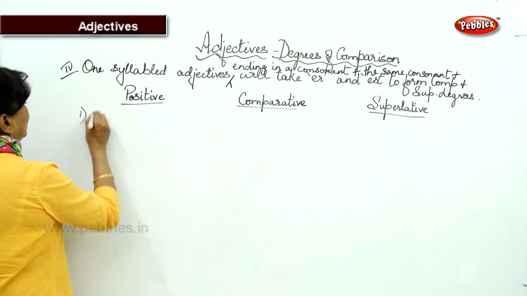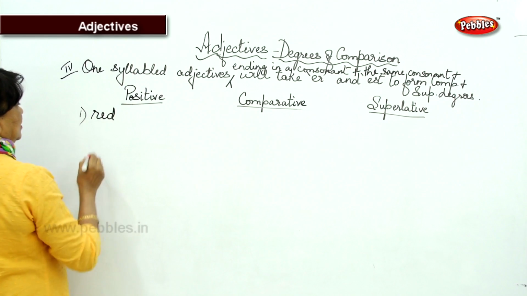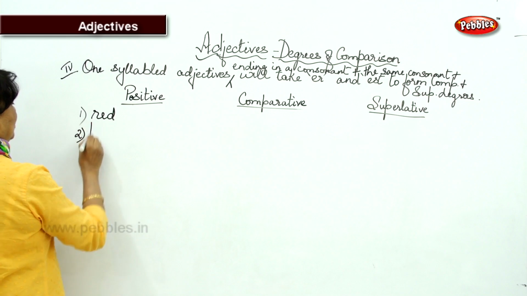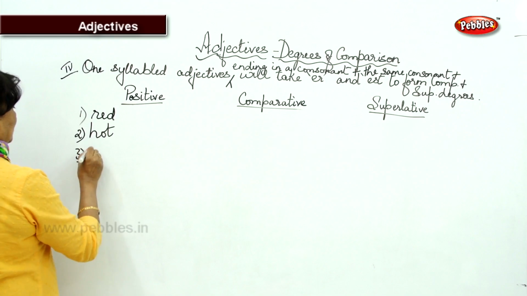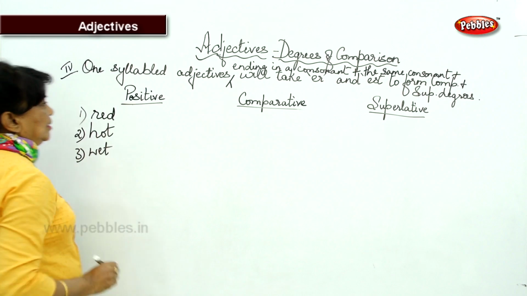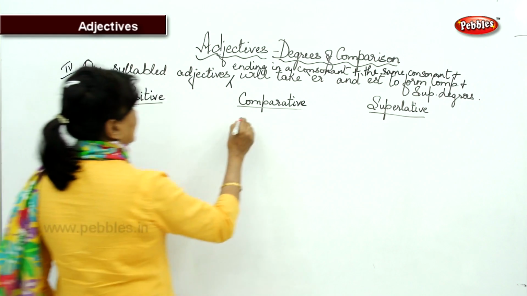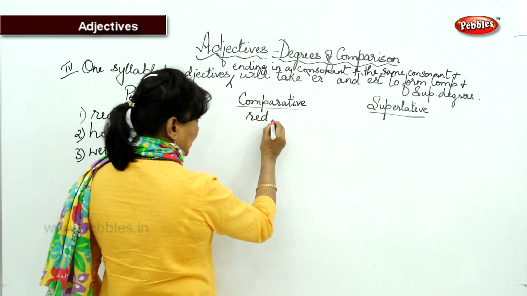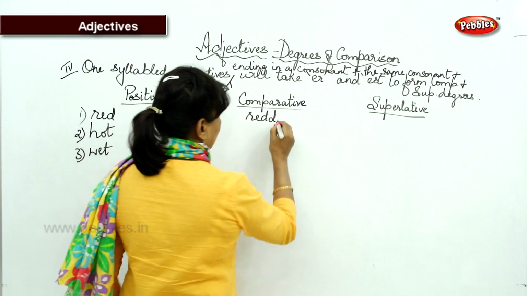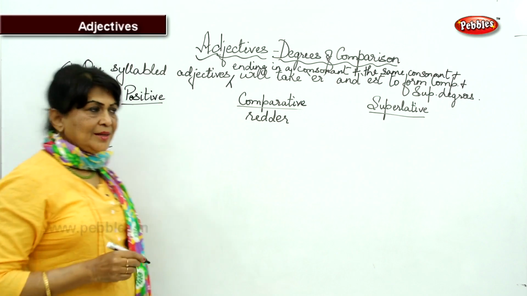Now, for example, red. I will give you another word: hot, wet. Now, you see red, it will take the same consonant again, redder. Okay, do you understand?